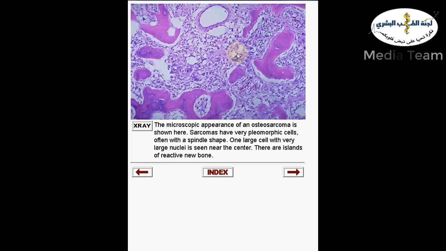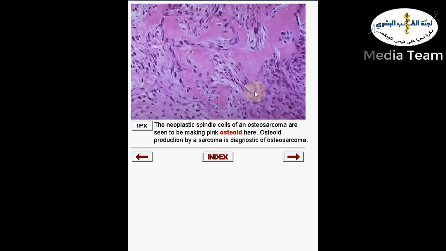We see it extending into the soft tissue, into the fat, into the cartilage, and destroying the benign bone trabeculae here. So this is a very infiltrative tumor, and it cannot be reactive. It must be a malignant process.